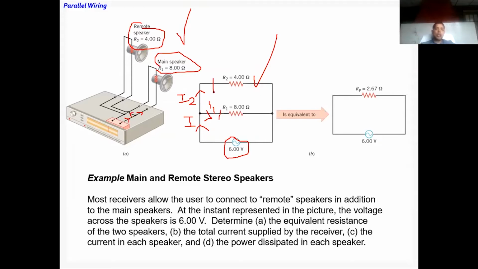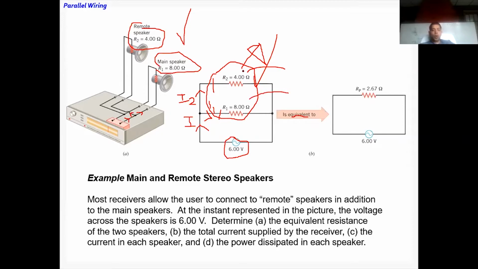How do you find the parallel resistance? Equivalent resistance means you want to replace both of these by one resistance. Then what is the value of that resistance? Remember, when the resistors are in parallel, the equivalent resistance will be less than each of them, less than 4, less than 8.